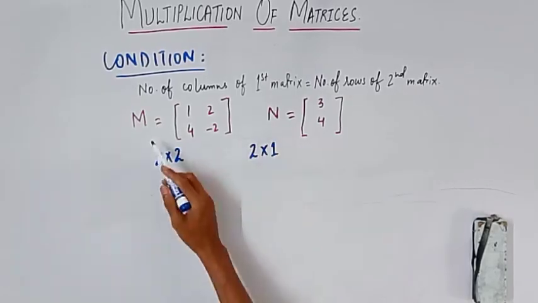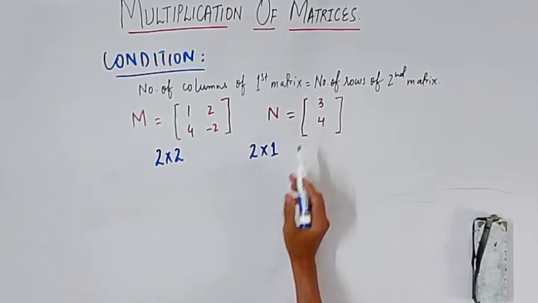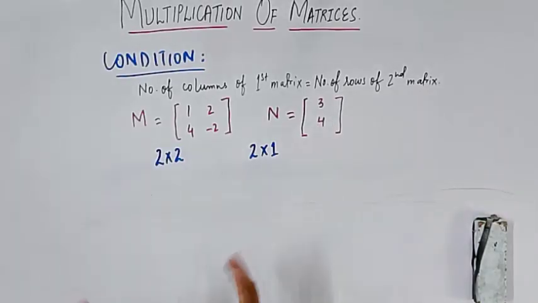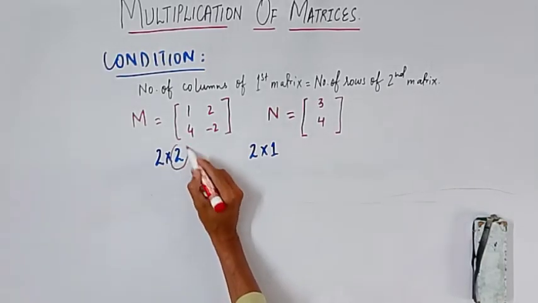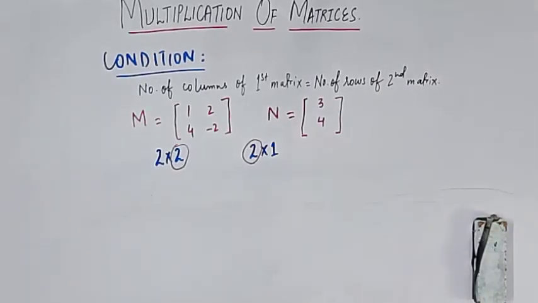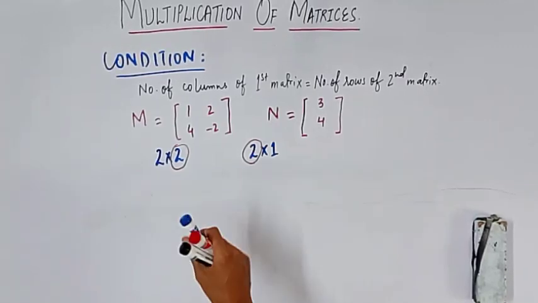The order of matrix M is 2 by 2, 2 rows and 2 columns, and the order of matrix N is 2 by 1, 2 rows and 1 column. Now the condition is satisfied for the multiplication, that the number of columns in the first matrix is equal to the number of rows in the second matrix. Now let's see how to multiply these two.